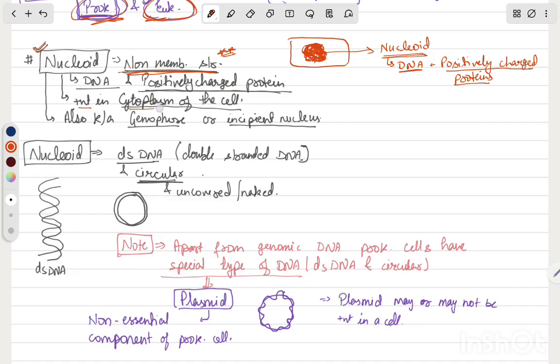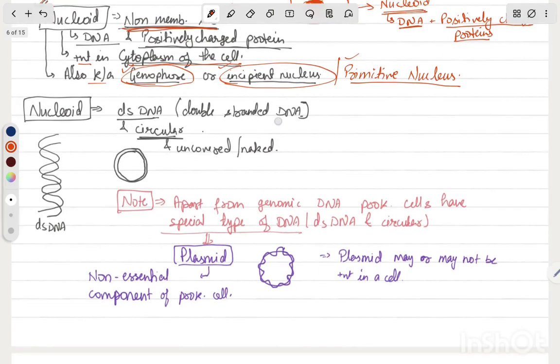Present in the cytoplasm of the cell, since nuclear membrane is absent, it is also known as genophore, or we can say incipient nucleus, or we also use the term primitive nucleus. So anything we can say: genophore, nucleoid, primitive nucleus, or incipient nucleus.